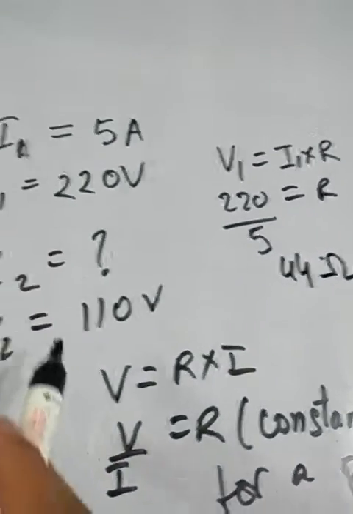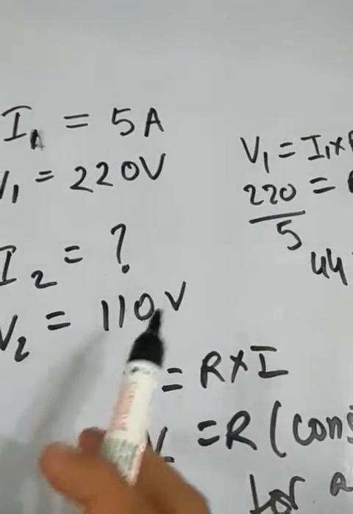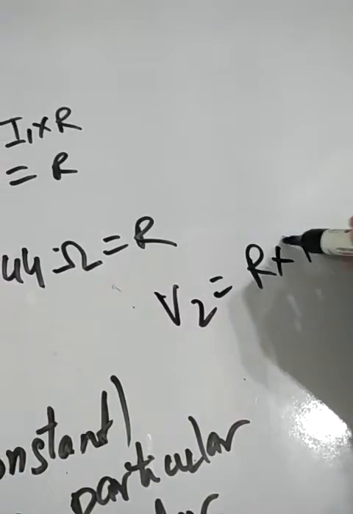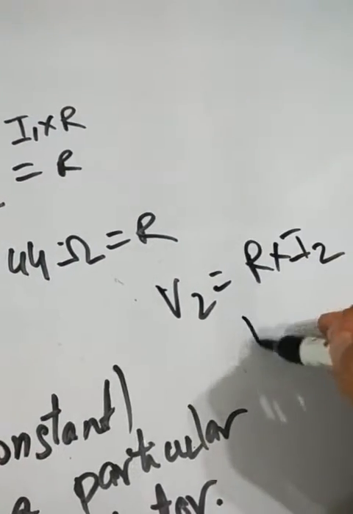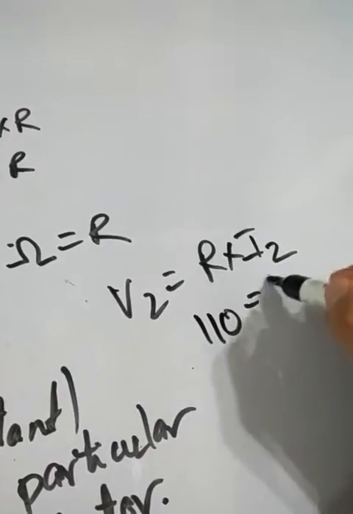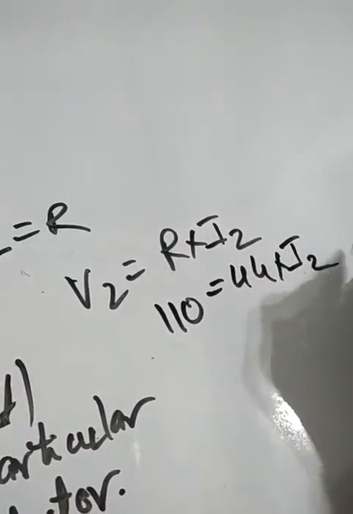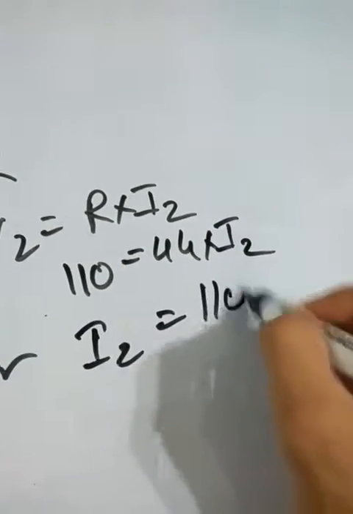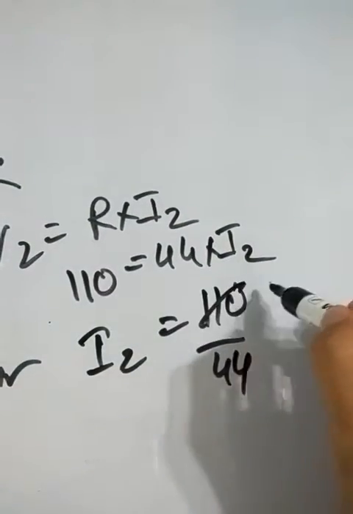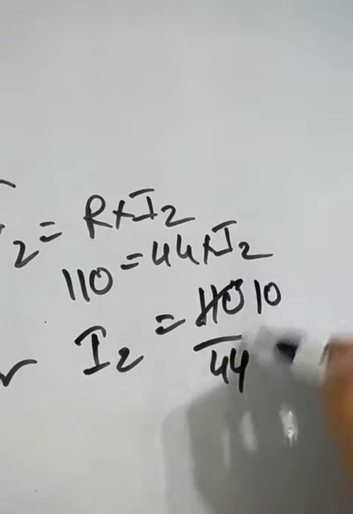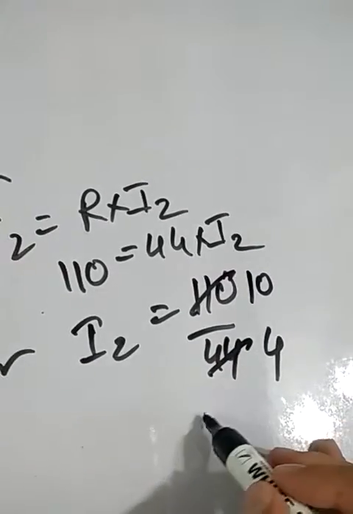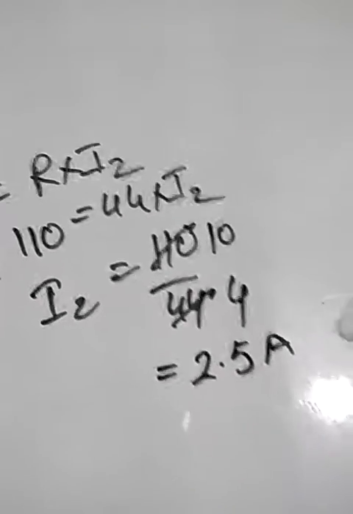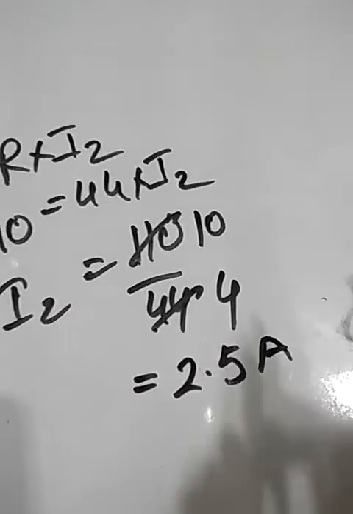Now we want I2. That's going to be very simple, because V2 equals R into I2. V2 is 110, which equals 44 into I2, so I2 equals 110 by 44, which is 2.5 ampere.